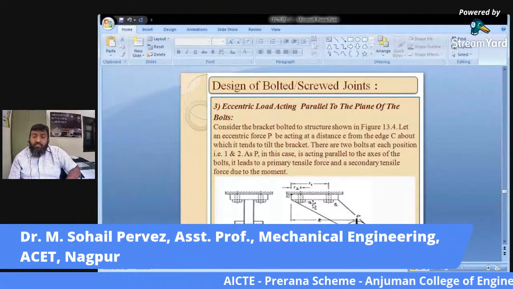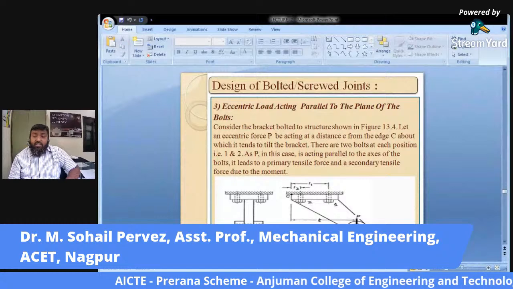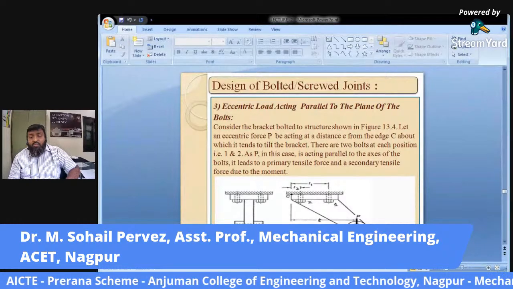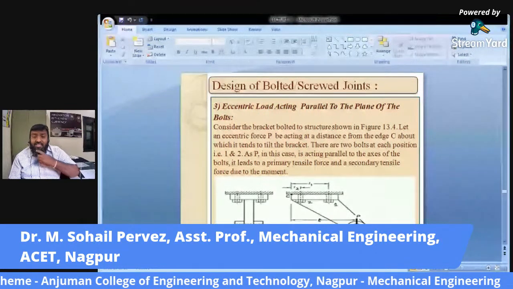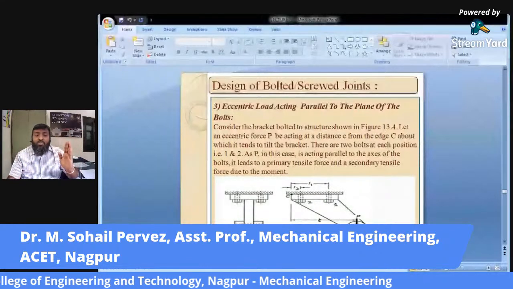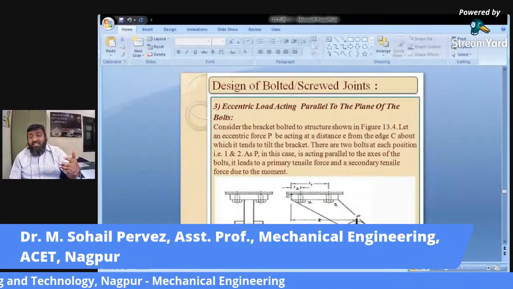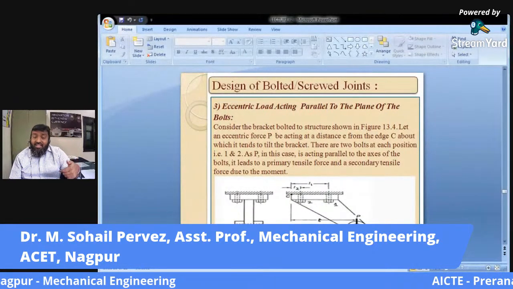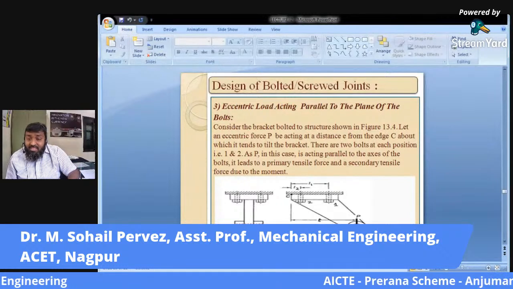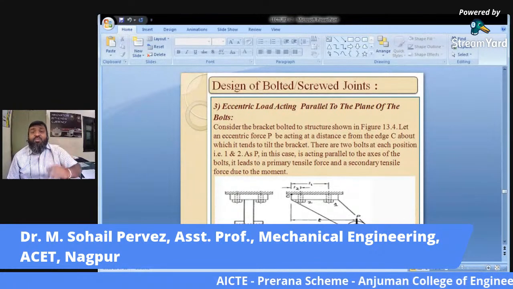Secondary, when this P into E comes into play, it will again overturn with reference to C. So primary was also tensile, and now the secondary will also be tensile.